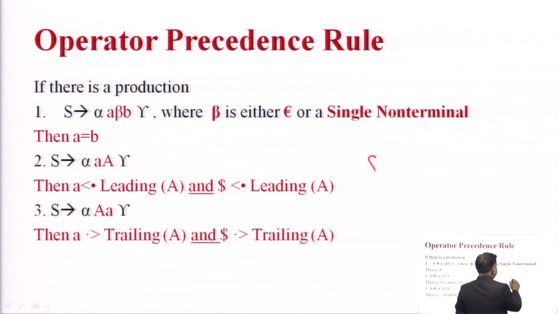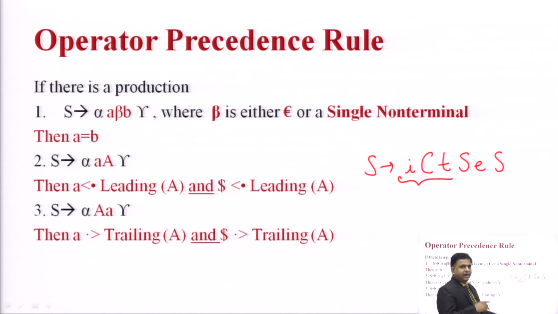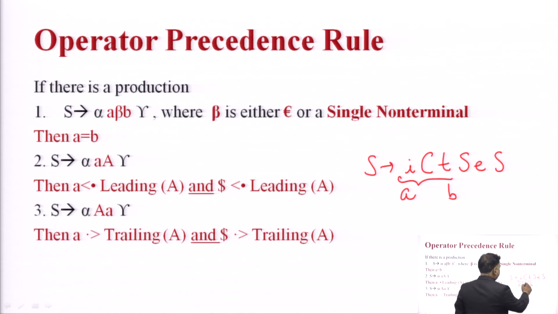Suppose there is a production like this: S drives if C then T else E, right. What I see here in this production is that I is separated by C and then again T. So, this is my A and this is my B. I compare this with my production, that is alpha A beta B, and suppose this is my beta. Beta means either it may be a single non terminal or it may be an epsilon.